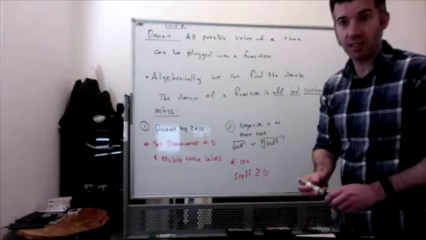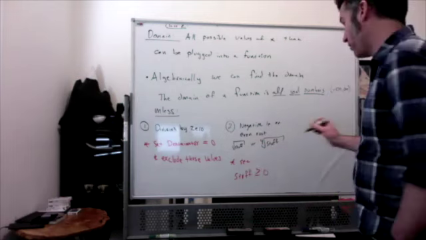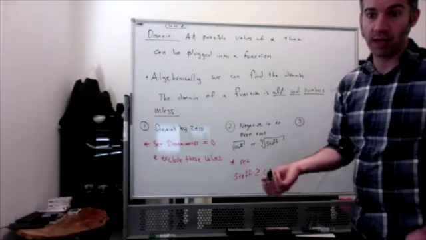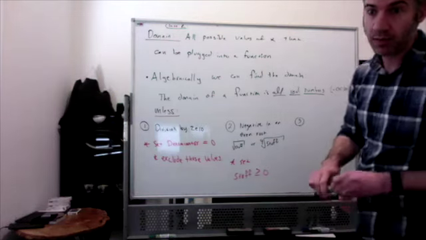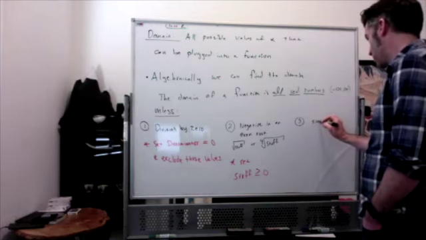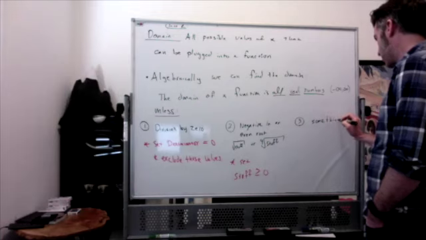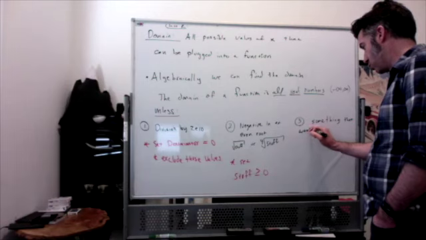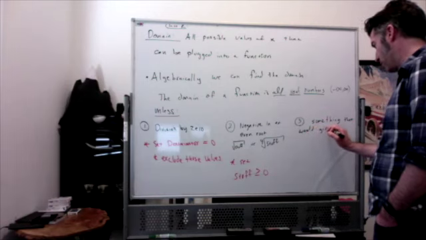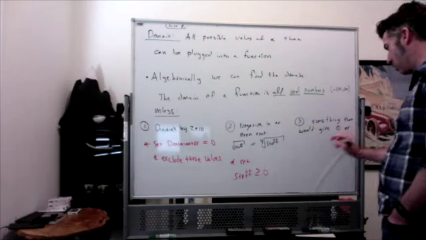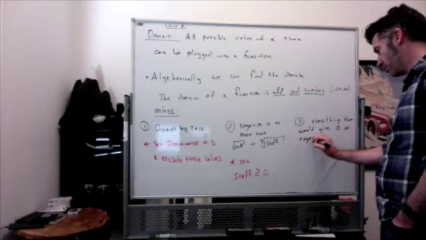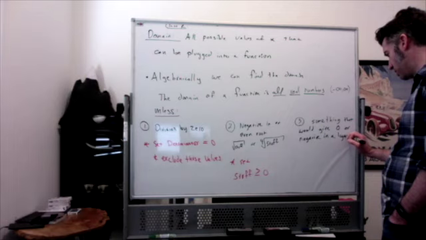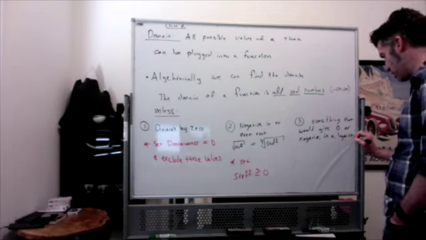The last possible domain issue is having a 0 or a negative in a logarithm. Again, all this is spelled out in the class notes.